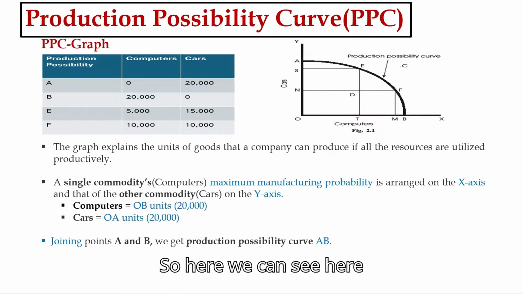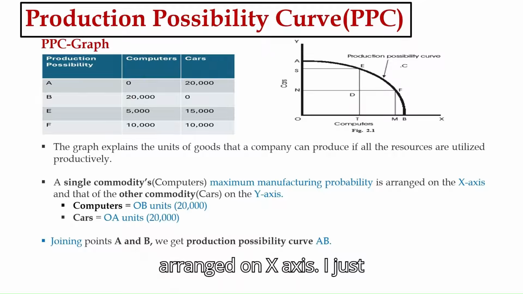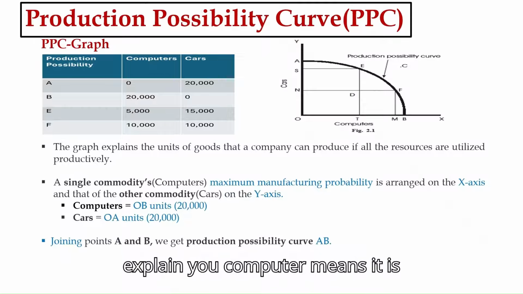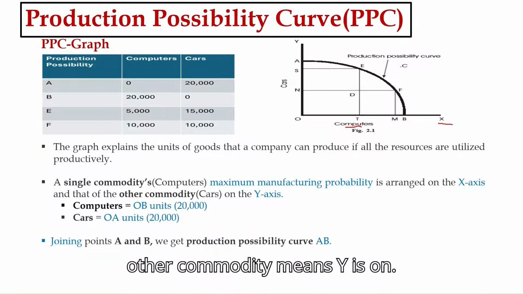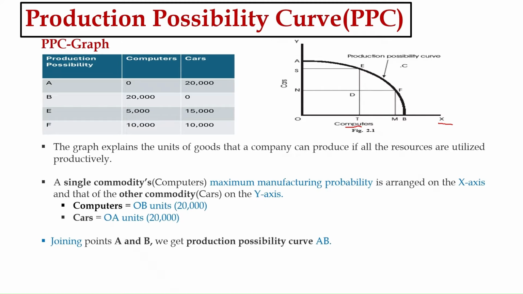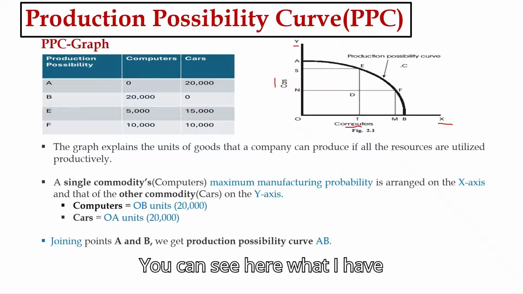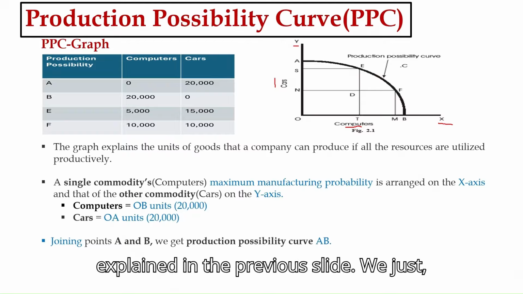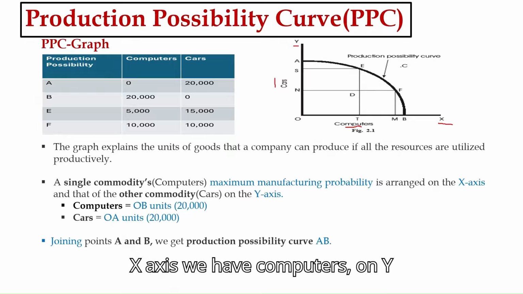As I have already told you, a single commodity, that is computers, is arranged on the x-axis, and the other commodity, cars, is on the y-axis. You can see what I explained in the previous slide; we are repeating it for your clarity. On the x-axis we have computers, on the y-axis we have cars.